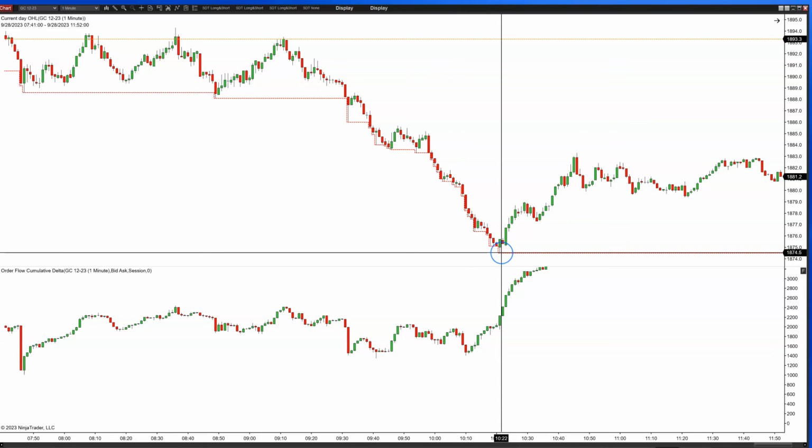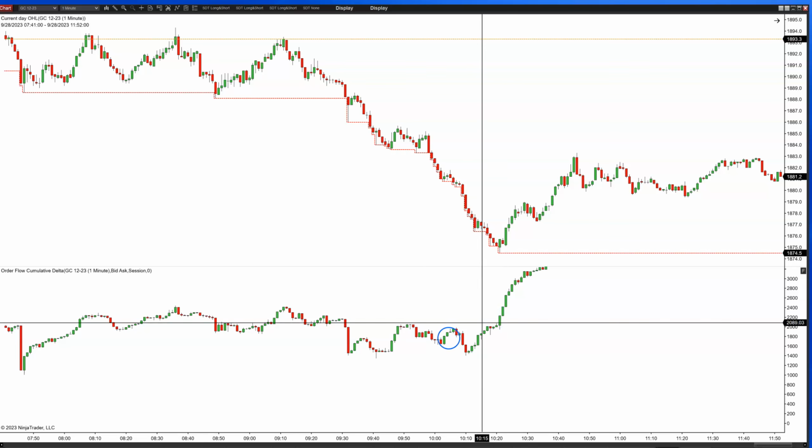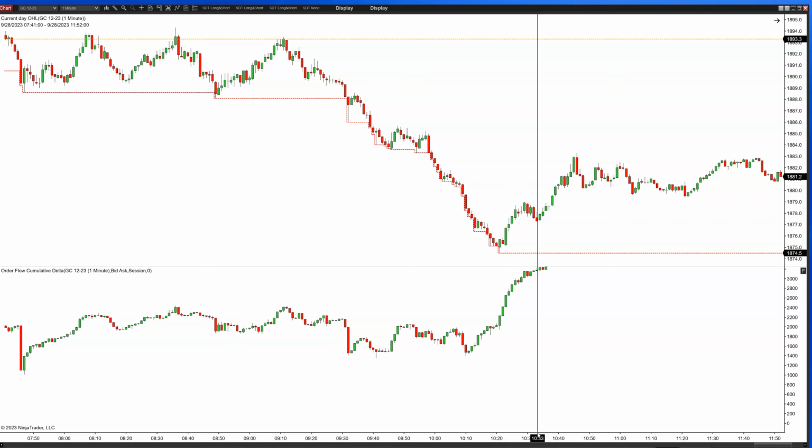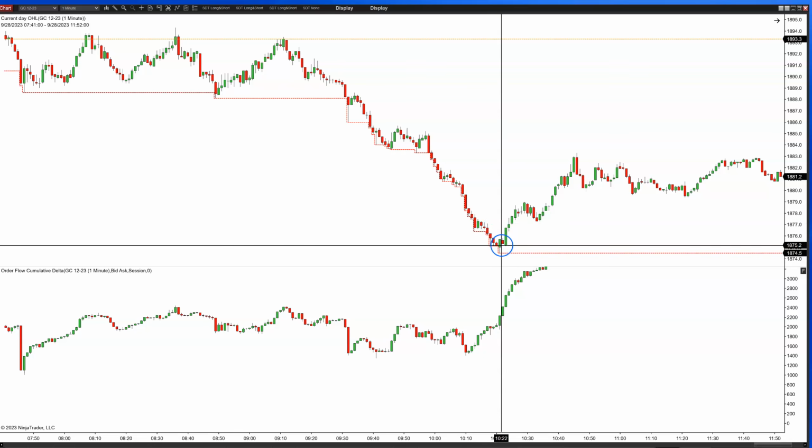Because we're 15 bucks lower, cumulative delta is up near its high for the day at that point. Okay, remember, I think it was last week, sort of the opposite was taking place. We were at our highs of the day, but cumulative delta was negative, right? So what you're seeing today is kind of the flip side of that.